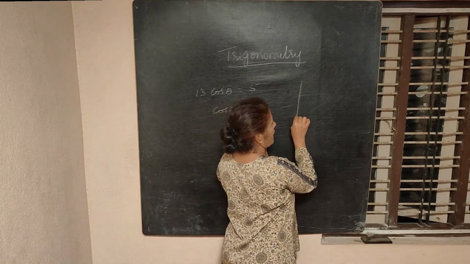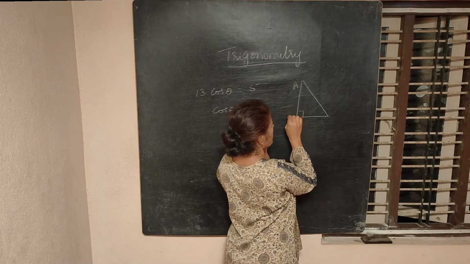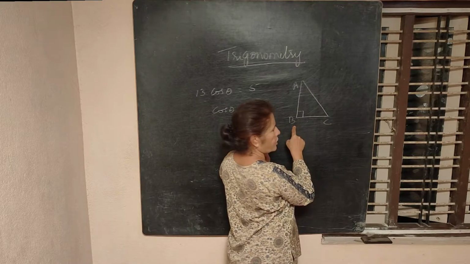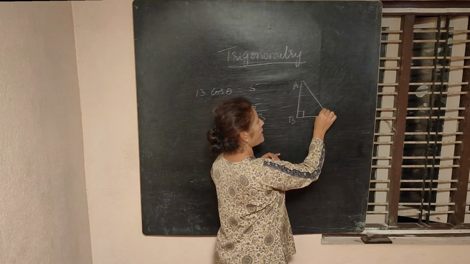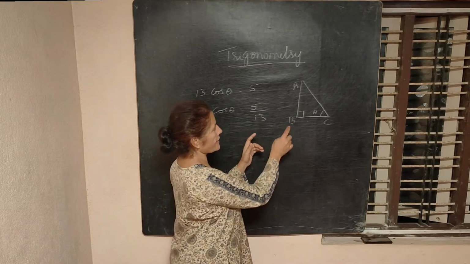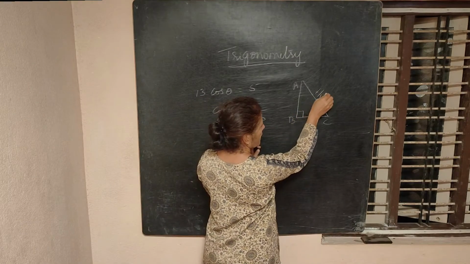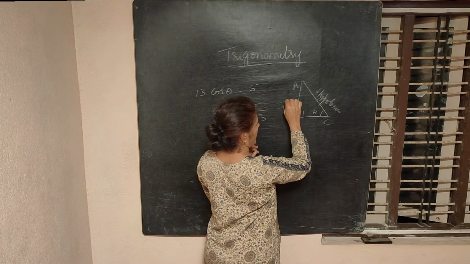So, immediately let me draw a right-angled triangle, right-angled at B. Now, I can take theta anywhere. So, again, try to understand. This is the hypotenuse, and that is the biggest side. This is the opposite side.